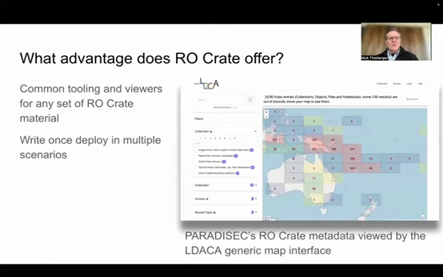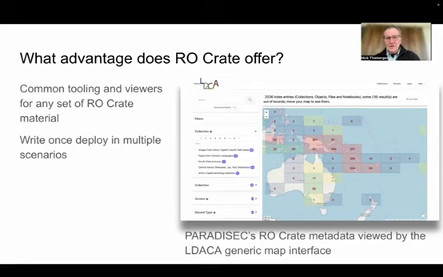So the great thing about Arrow Crate is that it allows this common tooling and the viewers. So that viewer that we saw potentially could be used for other collections as well. The tools that we have for linking the audio to the transcript are there and available for anybody else who has an Arrow Crate collection that wants to use them. There are geographic viewers.